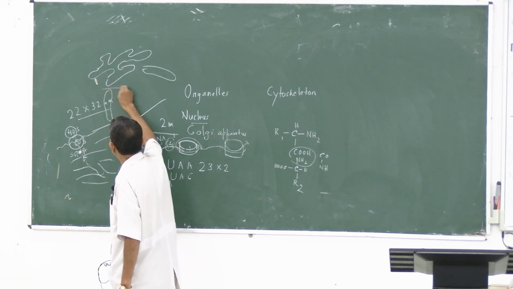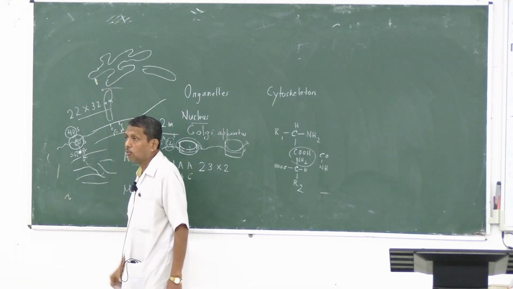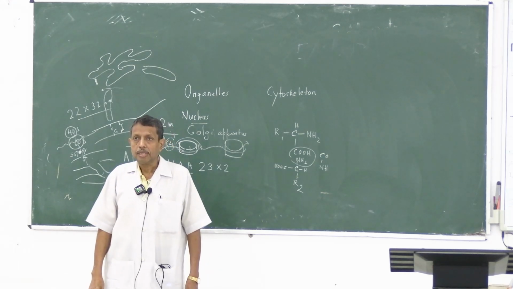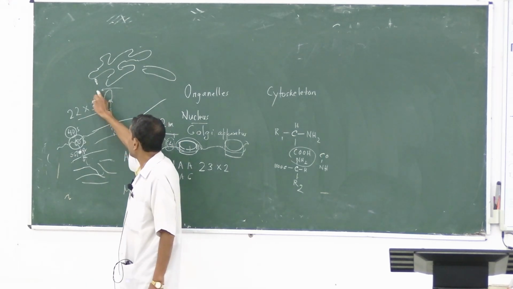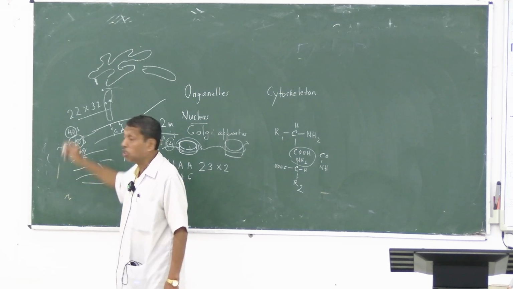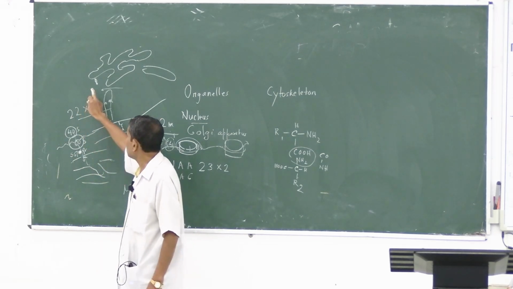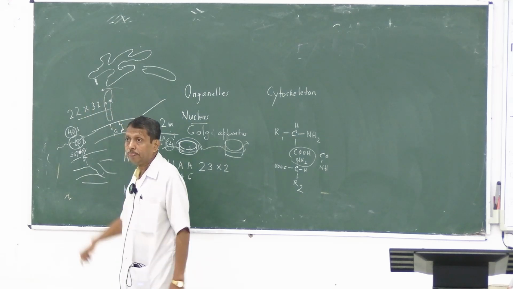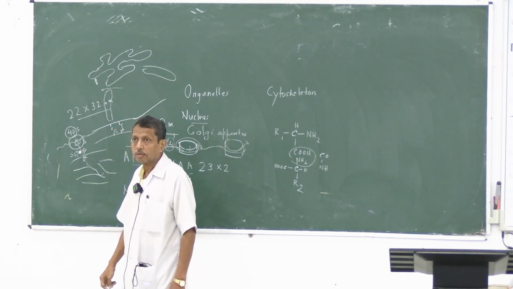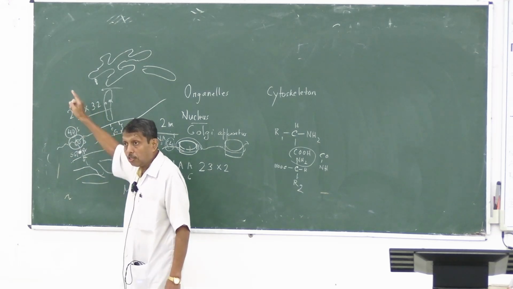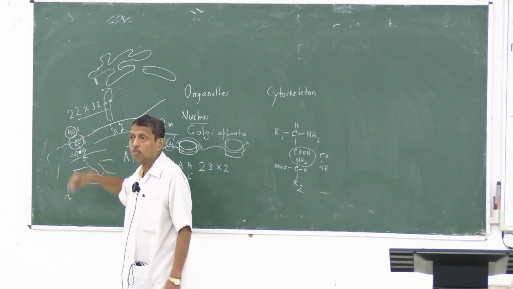And this is the place for the transfer of the larger molecules, the nuclear pore complex. Otherwise, how can mRNA come through this, or ribosomal RNA come through this nuclear pore, and proteins be transferred from outside to inside? Proteins are synthesized within the cytosol only, not within the nucleus.